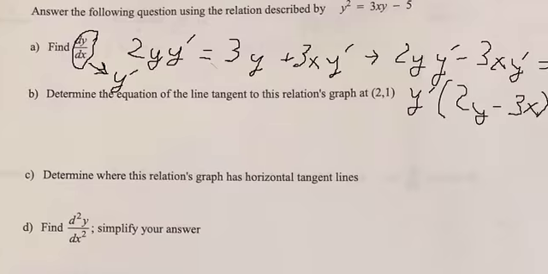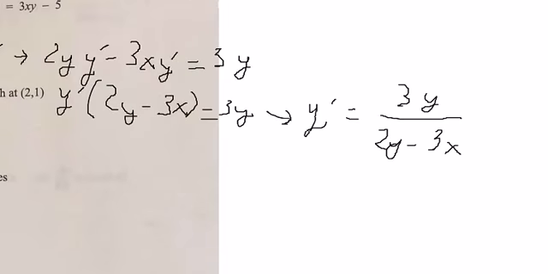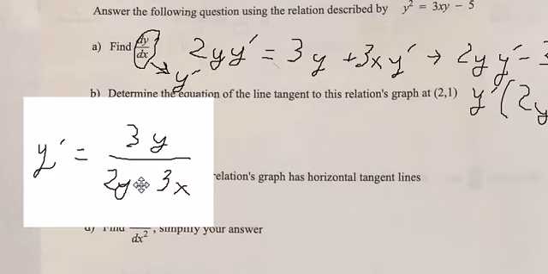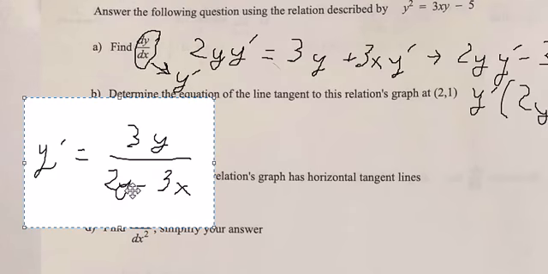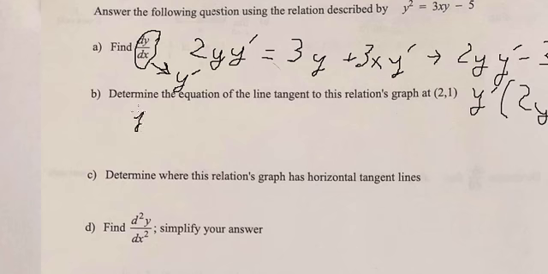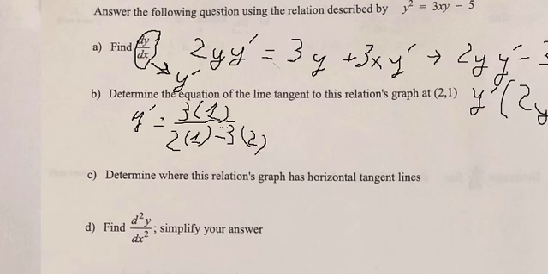So we have the first derivative of y in here. So we put 1 and 2 in here. So we get negative 3 over 4.